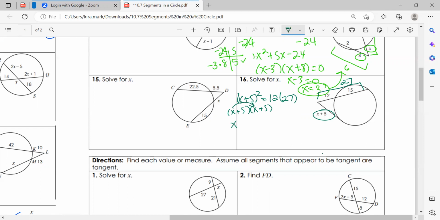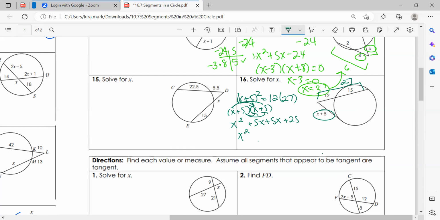X times X squared, X times 5, 5X. It's going to get you the same thing right here. That's where the 2 times these two together comes from. And it always works out. And then 5 times 5. Common mistake, you just distribute the square. You're missing the middle 2 terms, which are the same thing. That's why you don't distribute the square.